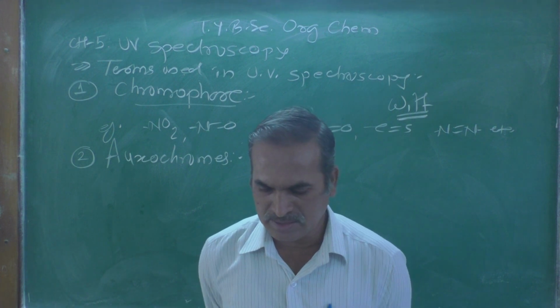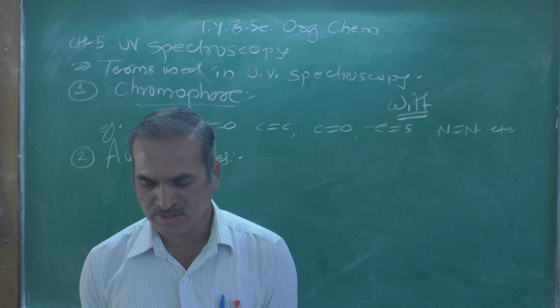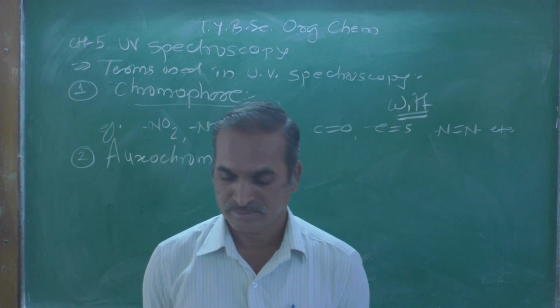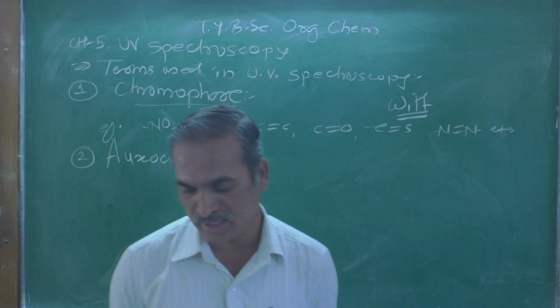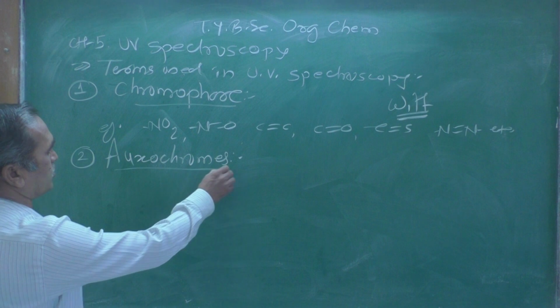Some of the auxochromes are OH, OCH3, NH2, etc. These are the examples given. Once again, remember auxochromes.